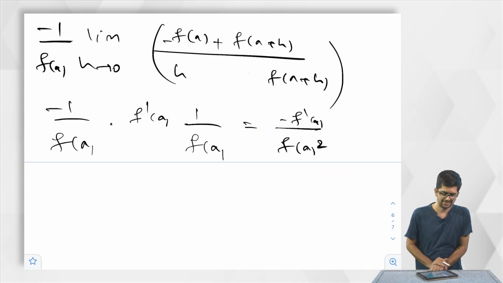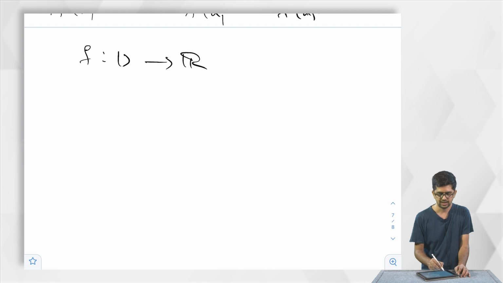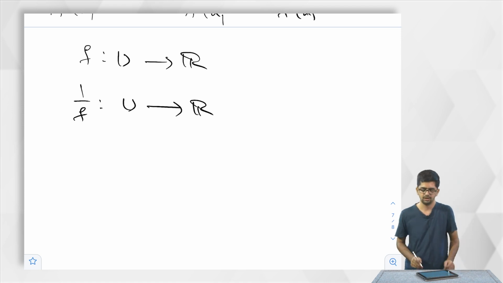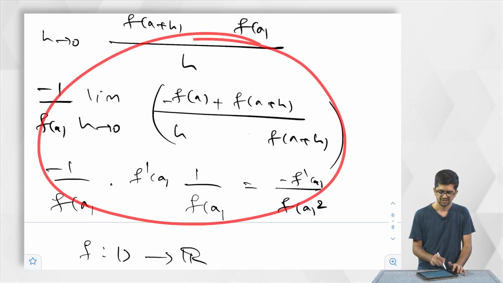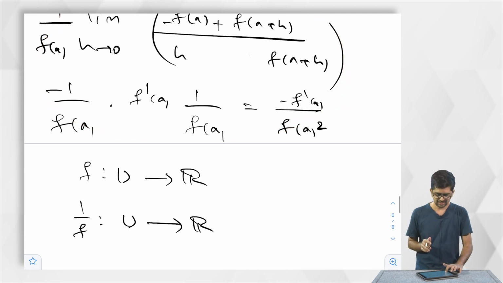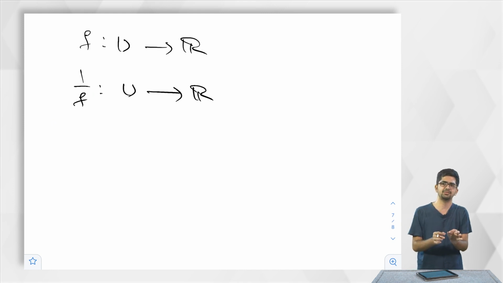Now I should tell you something nice about the differentiation formulas. Suppose I am given that f is differentiable and that it is nowhere 0. We have just now seen that 1 by f is differentiable with some derivative. Now suppose we didn't do this computation at all, but somebody said that 1 by f is differentiable and they are saying it is for sure differentiable.